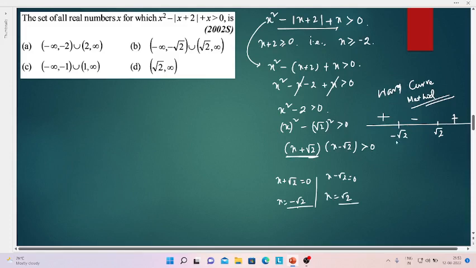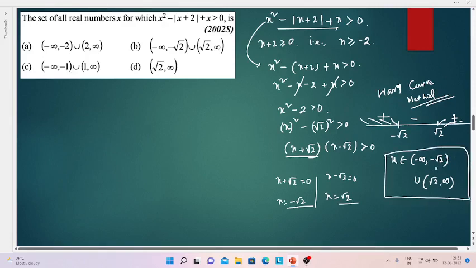Since we need the positive parts, x will be minus infinity to minus root 2, union root 2 to infinity. Since it is strictly greater, we have to take the open interval. So x belongs to minus infinity to minus root 2 union open interval root 2 to infinity.